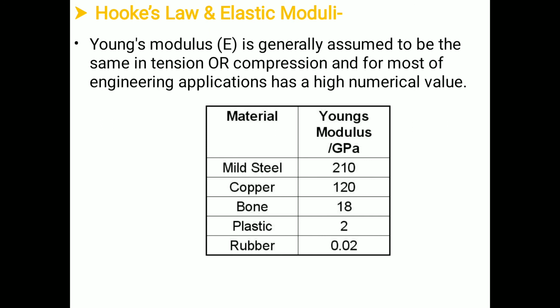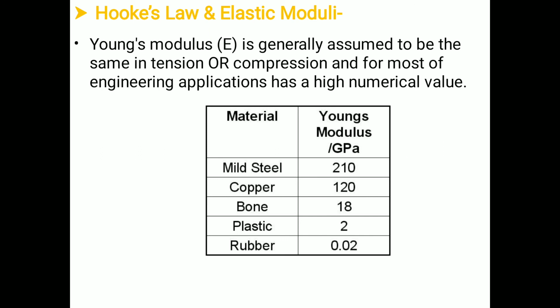Copper has a Young's modulus of elasticity of 120. For bone, we have Young's modulus equal to 18. For plastics, it is 2 GPa, and for rubber, it is 0.02.